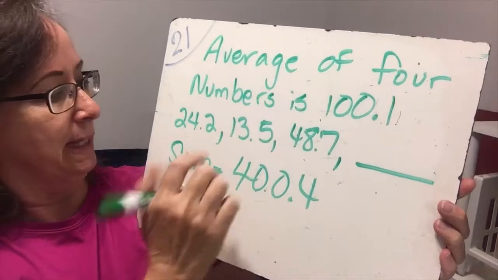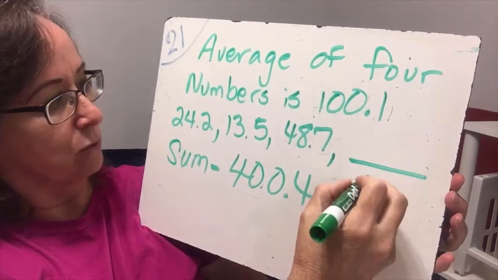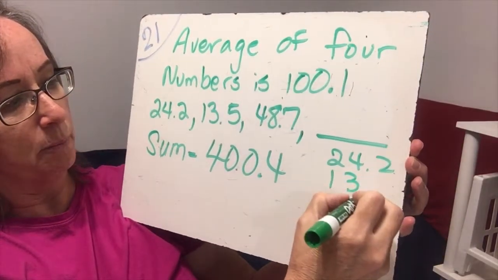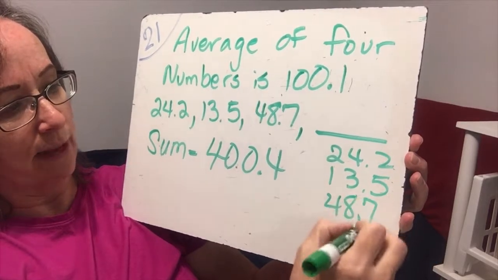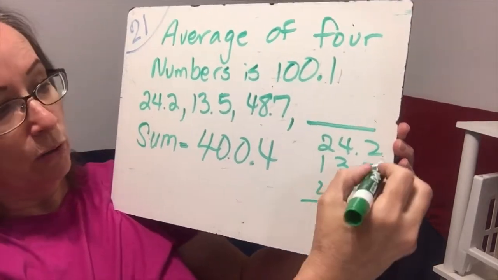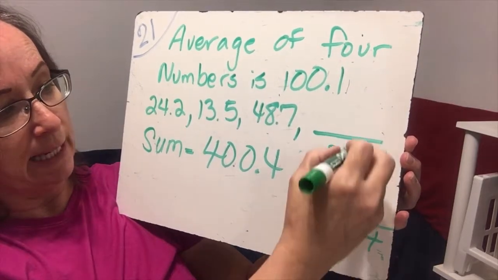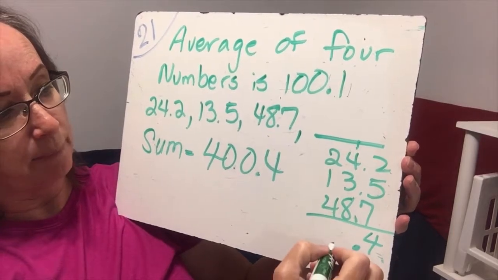So if I add up these numbers, we'll do it right here: 24.2, 13.5, 48.7. Okay, so we've got here a 7 plus a 7 is going to be a 14. And my decimal comes down because it's all nicely lined up like that.